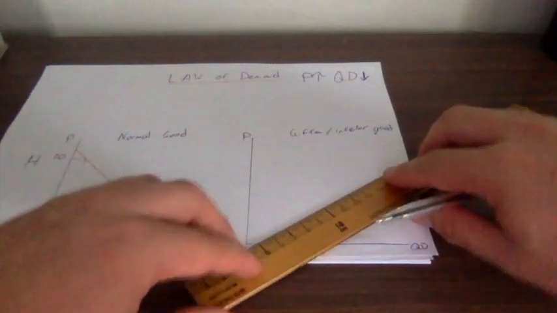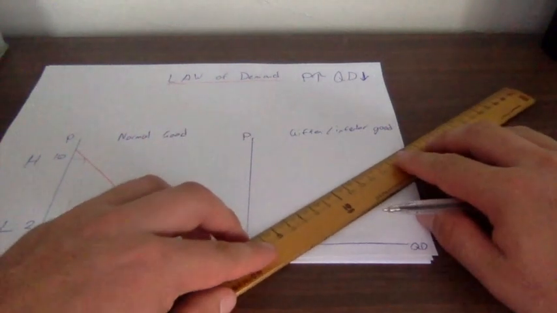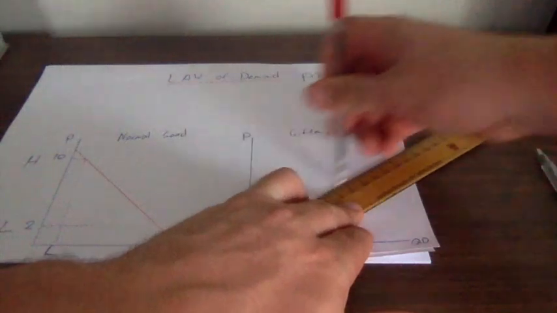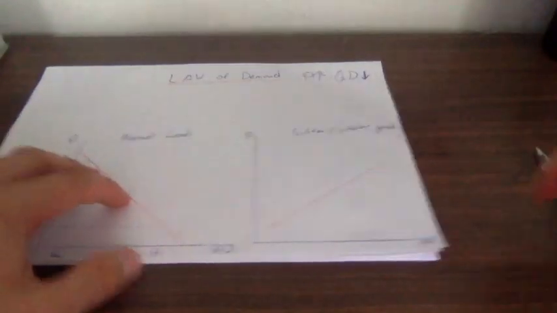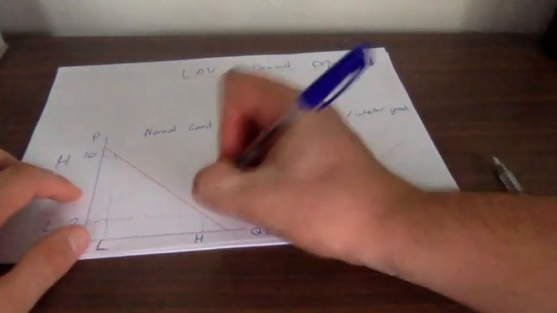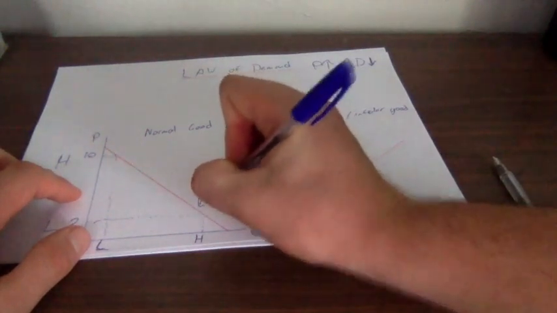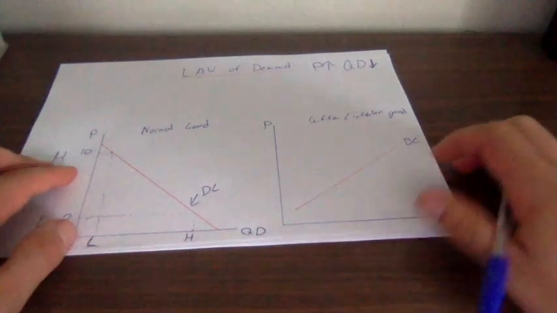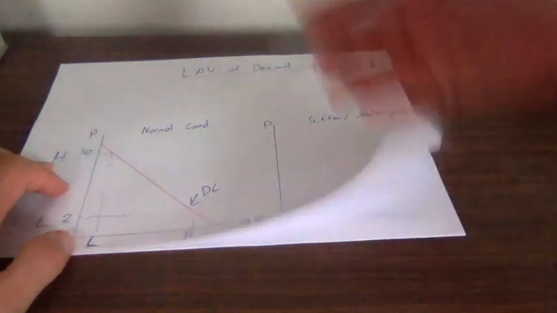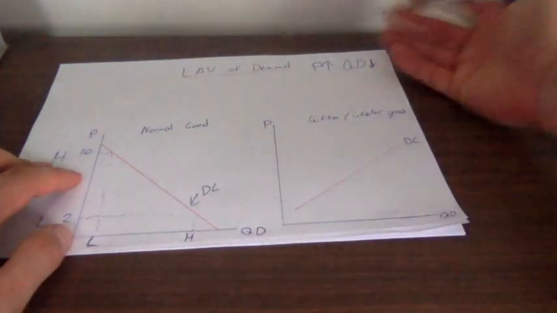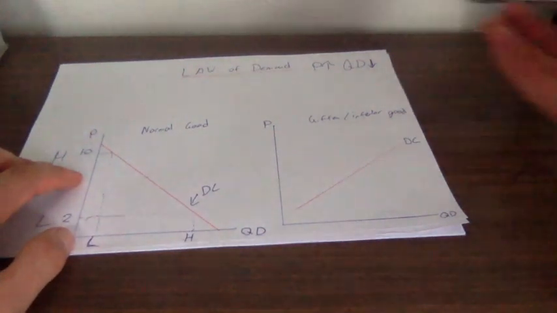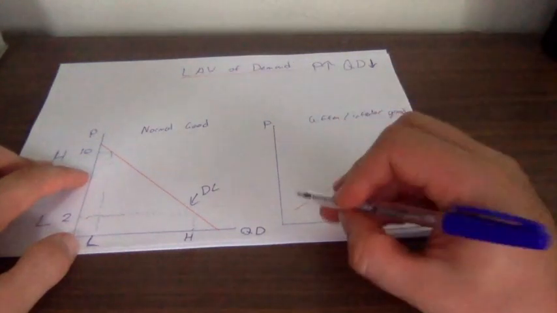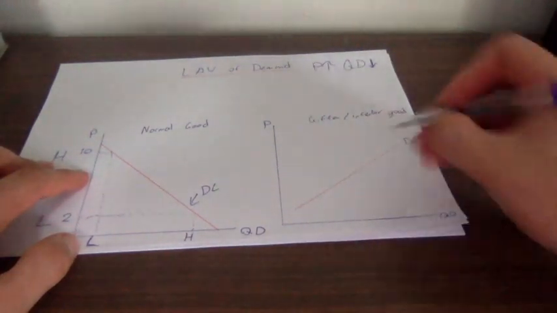So why these are separate is basically they don't follow the same, they go in the opposite way. So, if this red line is our demand curve, DC, for a normal good, as we've said, it follows the law of demand. If price increases, quantity demanded will decrease. For an inferior good, it's displayed with this graph and it's the opposite.